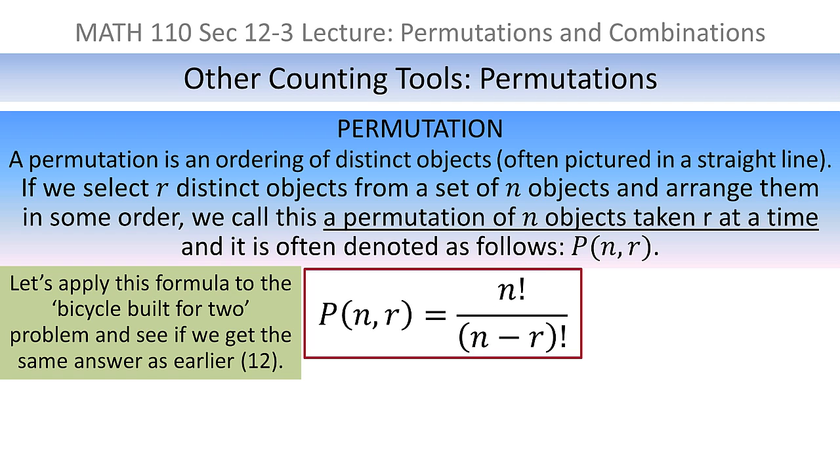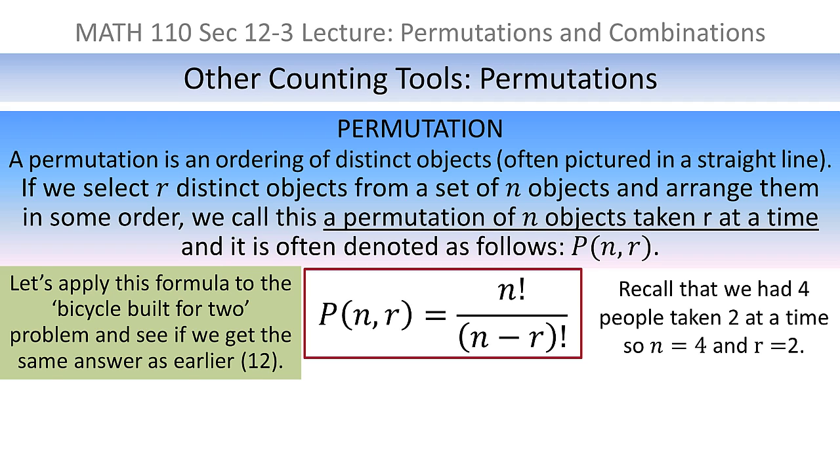So if I go back and apply that to the bicycle built for 2 problem, let's show that this formula actually gives you the same answer, which was 12 that we got by doing it by brute force. So all I've got to do is remember I was choosing from 4 people and I was taking them 2 at a time. So n is 4 and r is 2.